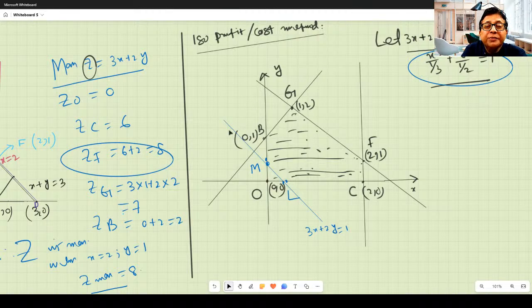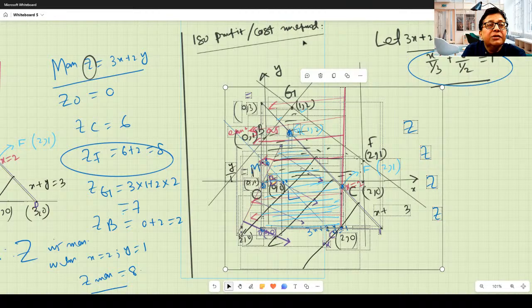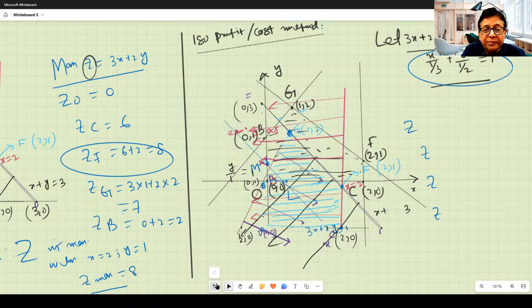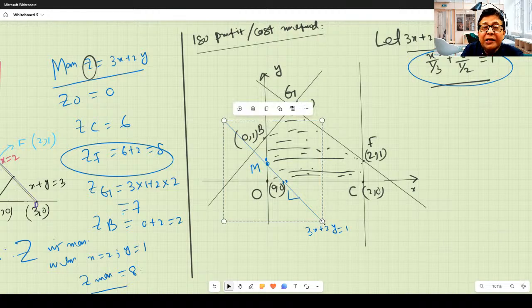Now what to do? This line I need to move in a direction parallel to it. So what have I told?